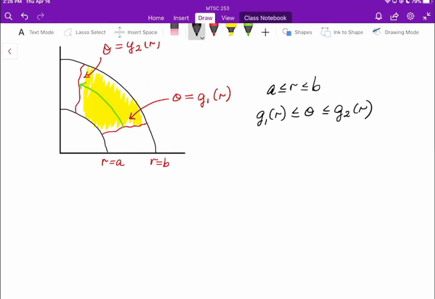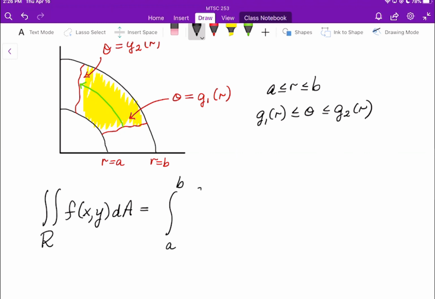And so my double integral over my region of f(x, y) dA, now I want r to go from a to b, theta to go from g1 of r to g2 of r.